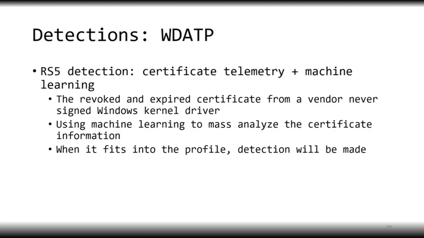For WD-ATP, for RS5, this is still going on, but certificate telemetry will be improved to include more thorough data. Combined with machine learning, we can find this kind of certificate abuse, like revoked and expired certificates, and a vendor that never signed any kernel drivers before suddenly signing some drivers, and then we can detect them very quickly.